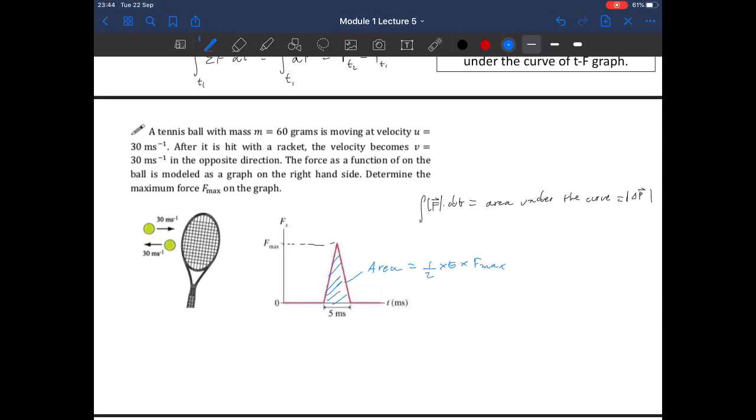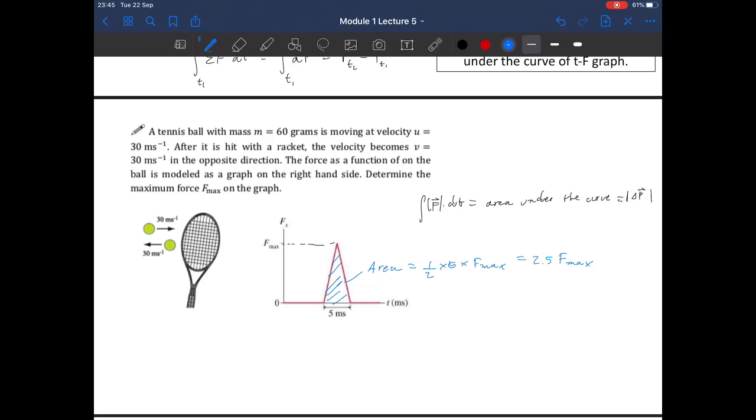So that would be equal to 2.5 F max. All right, so that is the area under the curve. In order to find F max, you need to find the magnitude of delta p.